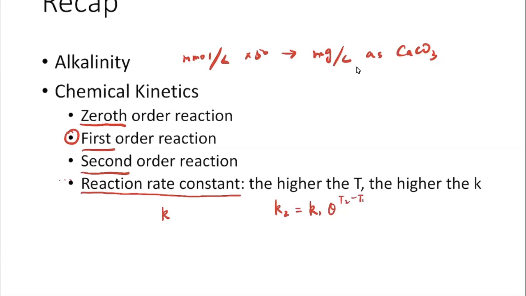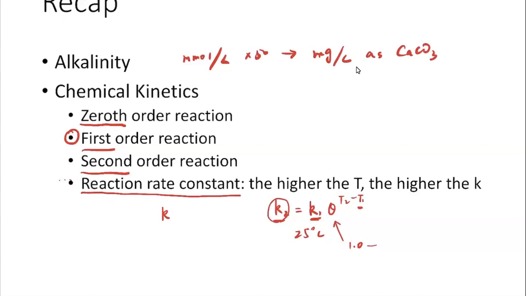What that means is if we know the reaction rate constant at a certain temperature, let's say 25 Celsius, if we know K1 and T1, then for any temperature we can just plug into this equation, together with the theta value. We know that theta is 1.0 something, right? And then plug in the temperature that we're interested in, and then we can get this K2 here. So this is basically a relationship of the reaction rate constant with the temperature.